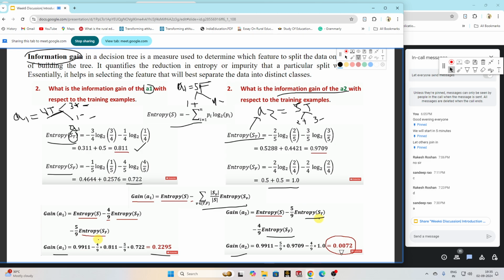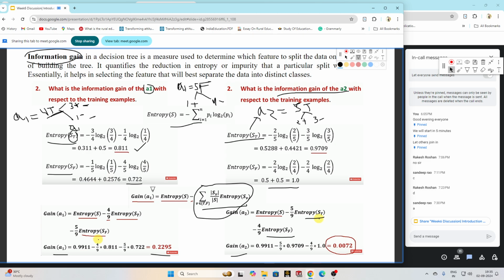So information gain should be as high as possible, and the Gini index should be as low as possible. Similarly, this part, not minus this part, only this part, should be as low as possible to have a better split.